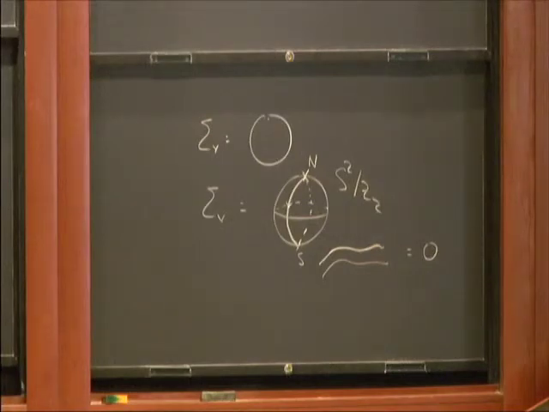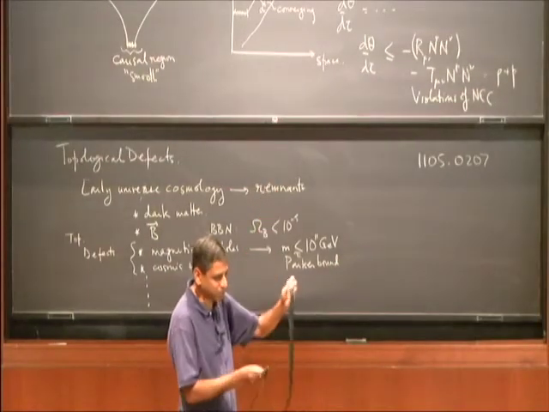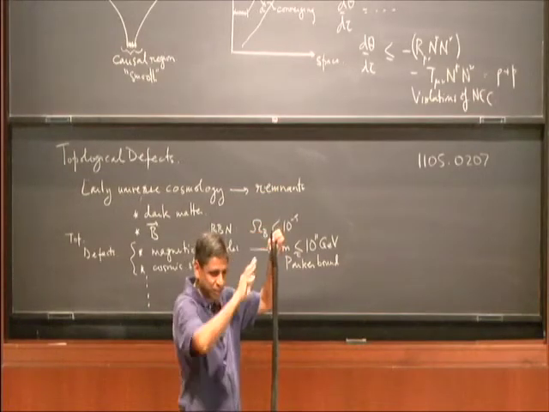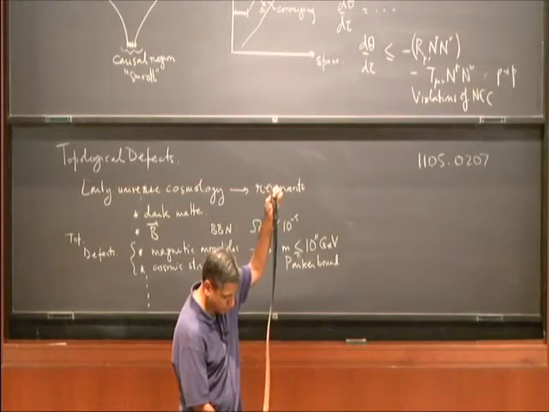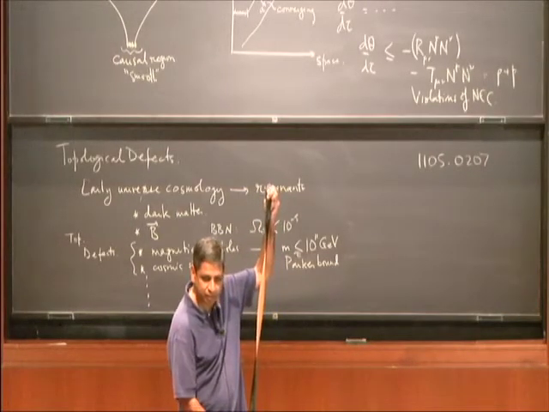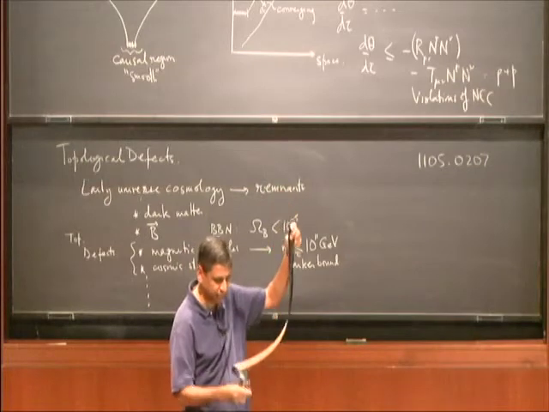I'll have to take off my belt just for a minute. Some of you might have seen this. You take a belt. The idea is that this is closed, so this vector has to be the same as this vector. But now let's say I put a twist in the belt by 2 pi. Now it's closed, so I can't move this vector relative to this vector.